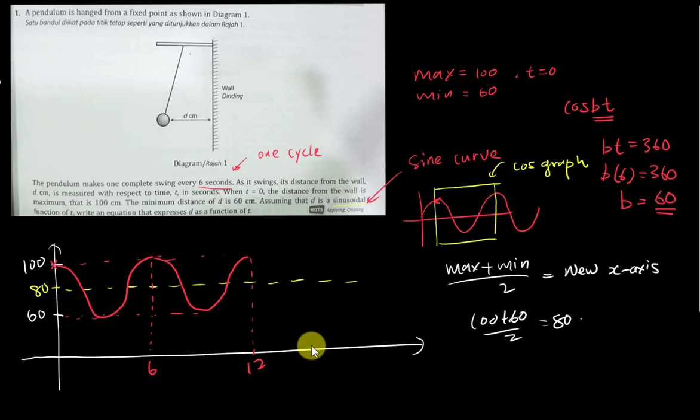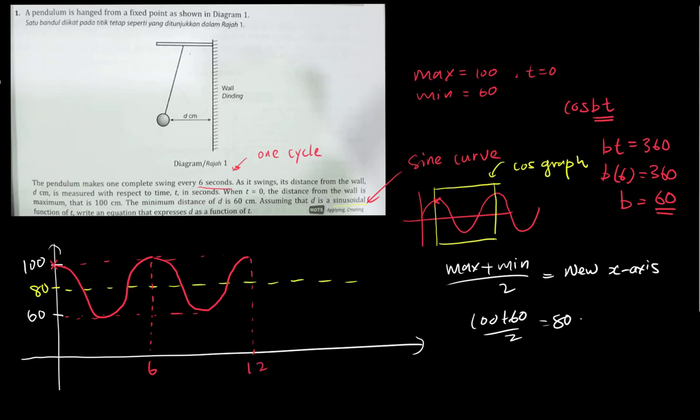So then we need to label the equation, because over here they ask you to write down the function, right? So we know the general equation for a cos graph should be y equals, but in this case they're not going to use y, they're going to use d, because right now we are doing the distance.